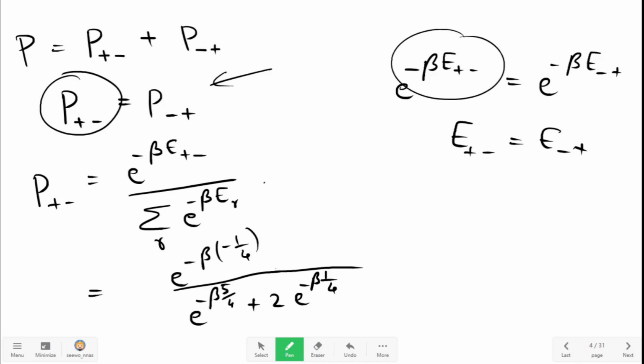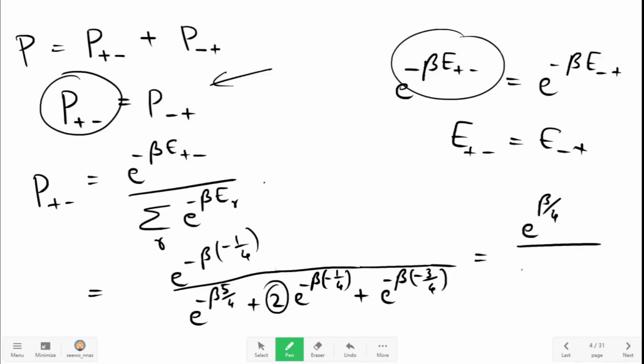We have two configurations with energy minus 1 by 4, therefore we are multiplying by a factor 2 here, and we have a configuration in which the energy is minus 3 by 4. Therefore this is equal to e raised to beta by 4 divided by e raised to minus 5 by 4 beta plus 2 times e raised to beta by 4 plus e raised to 3 beta by 4.